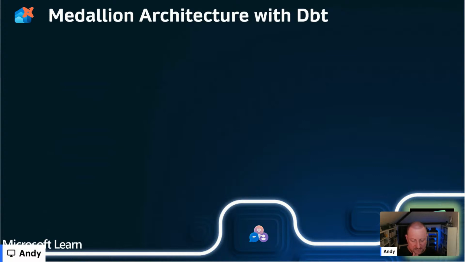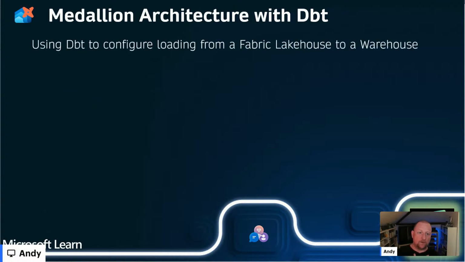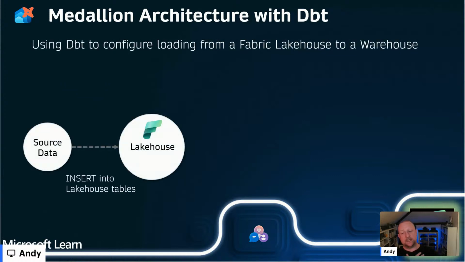Okay, so going into some use cases with DBT. Now, this medallion architecture slash pattern, we can use that with DBT. So, for example, for me, what I'm doing is I've got some data in a lakehouse that's been loaded from a source system, whether it's the raw data, whether it's the cleansed data. I'm picking up my data from a lakehouse.